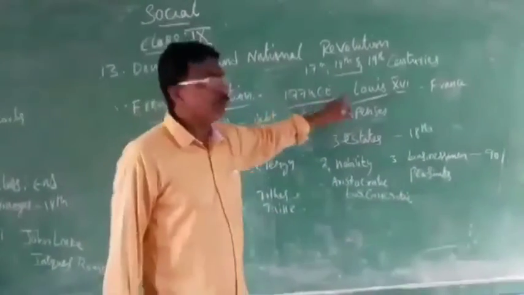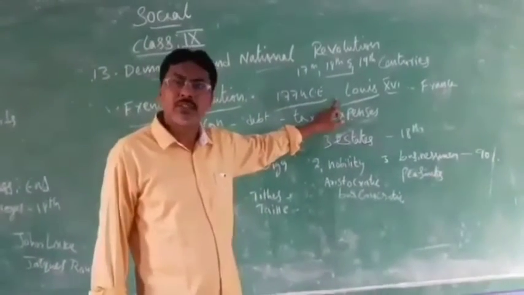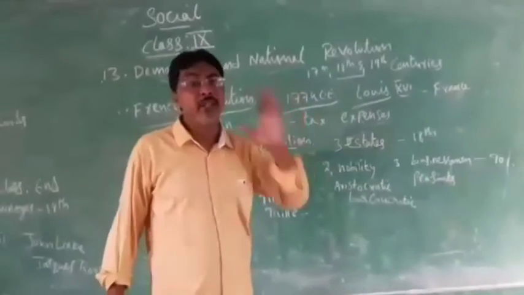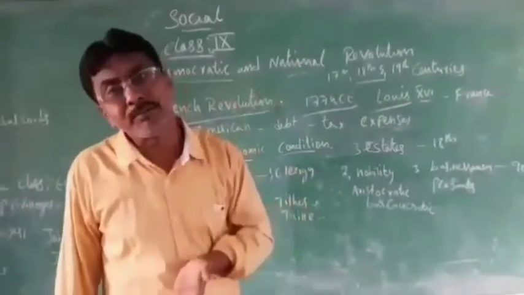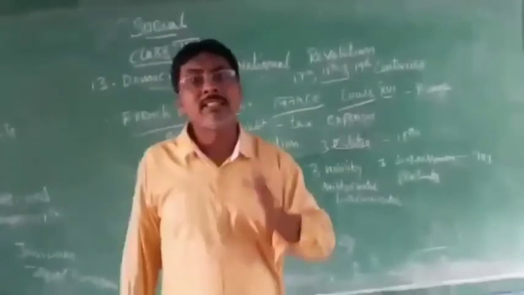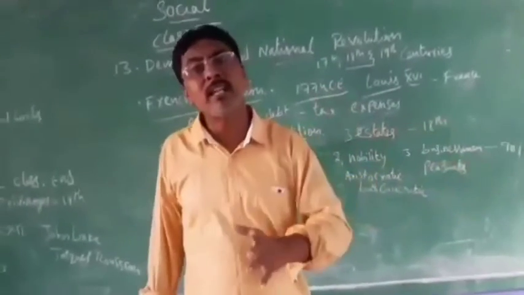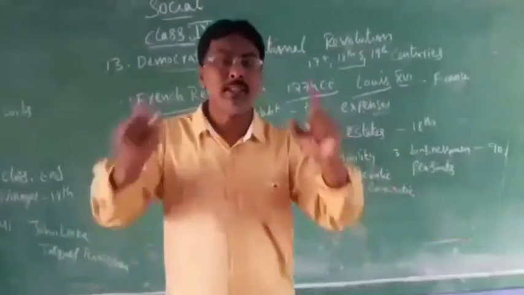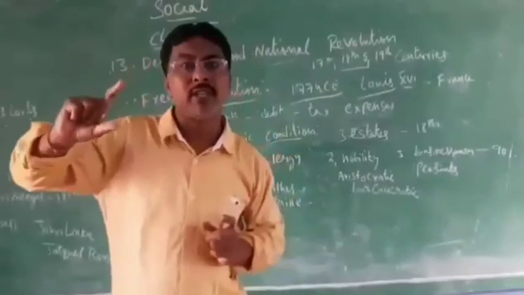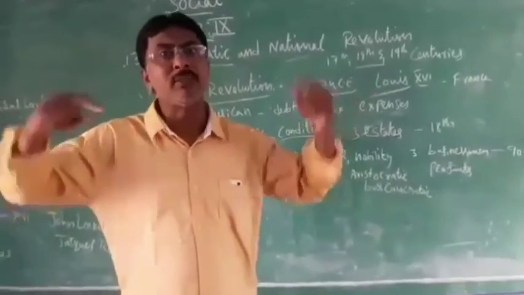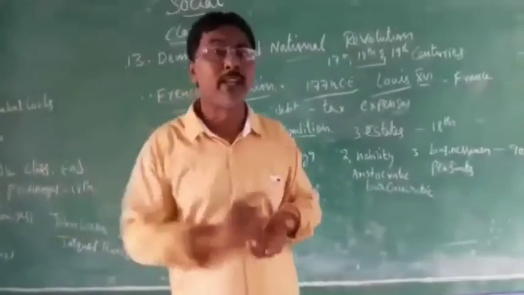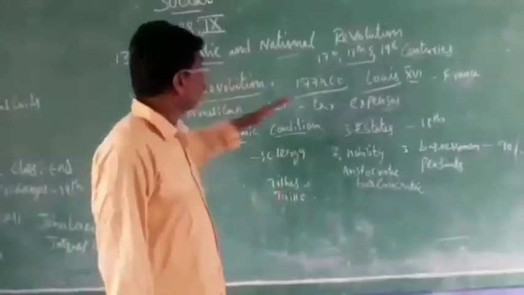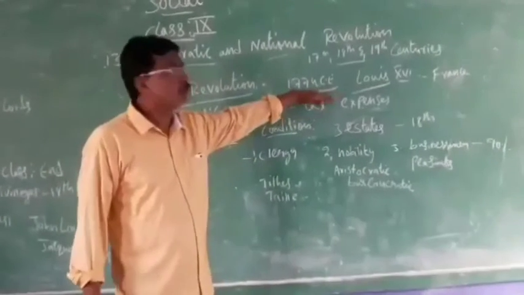In Russia, Alexander I, Nicholas I, Alexander II, Nicholas II. Like that, the names are given to kings. So in France, all the kings were Louis.